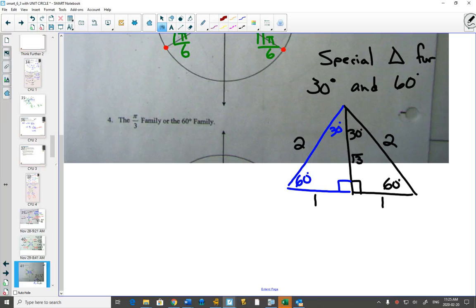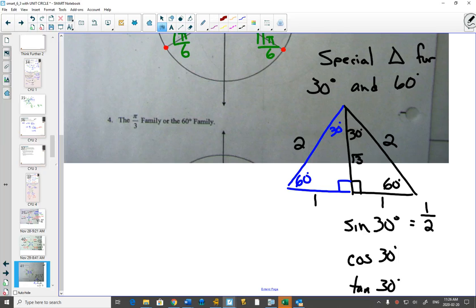And now that we have those sides labeled, well, we can figure out sine of 30 degrees, cos of 30 degrees, and tan of 30 degrees from our triangle. Sine, 30 degrees, opposite over hypotenuse, 1/2.